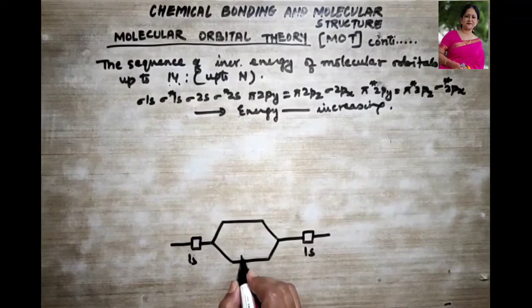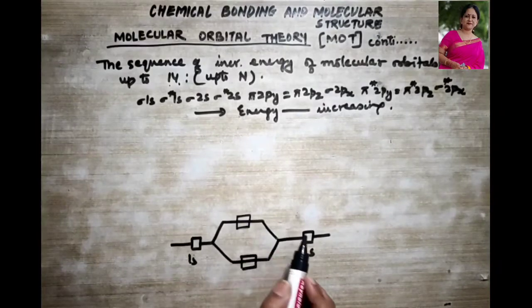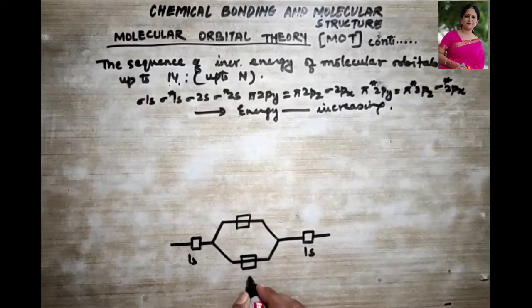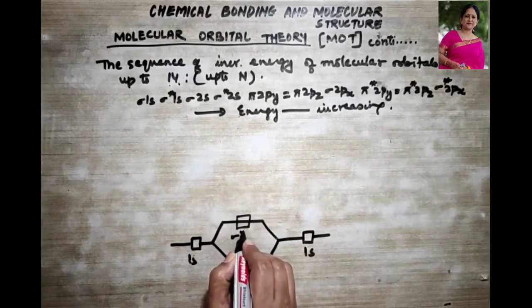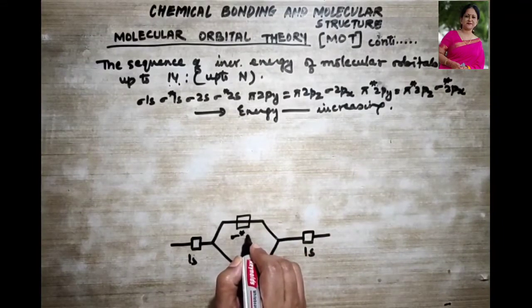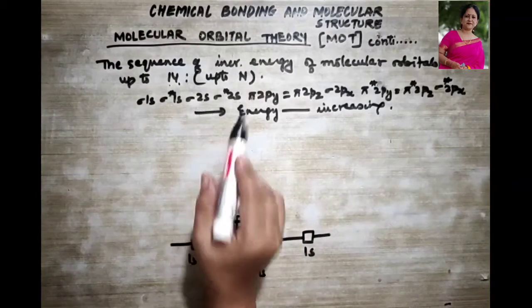This one is your bonding and this is your anti-bonding. So what do we write over here? This is sigma 1s and this is sigma star 1s, right? Then we move to 2s.